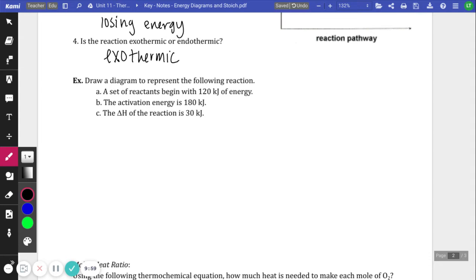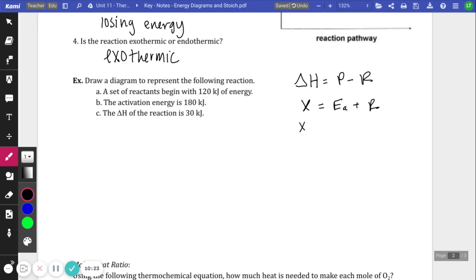Now, I want to give you some help and some reminders. When we're missing things, sometimes it can be helpful to remember these equations. Remember that delta H is equal to our products minus our reactants. And then this one's also helpful in general: our activated complex is equal to our activation energy plus the energy of our reactants.